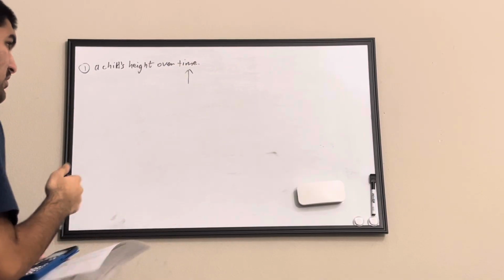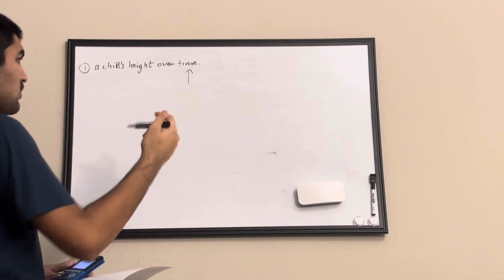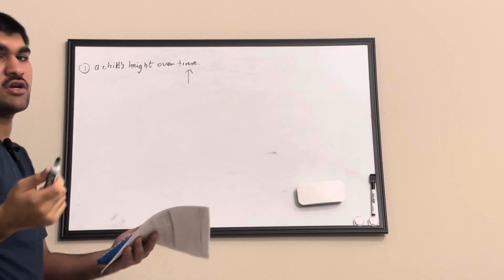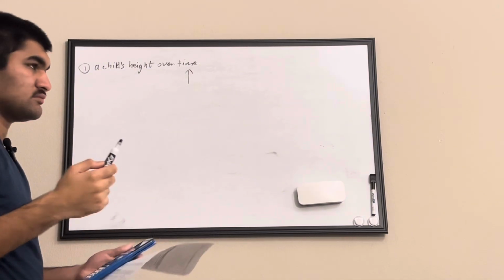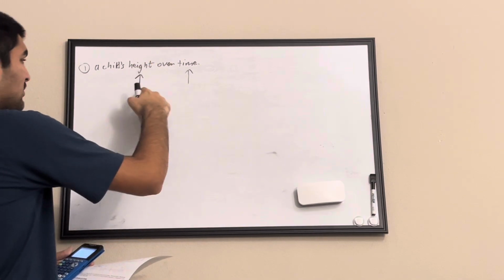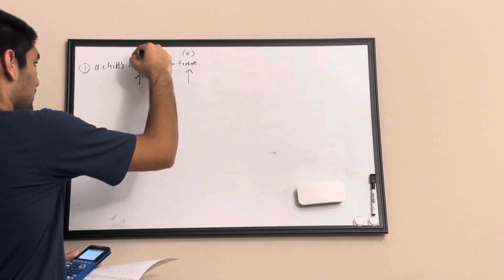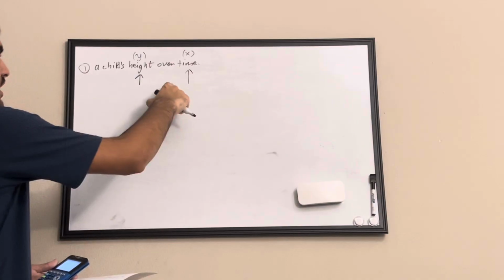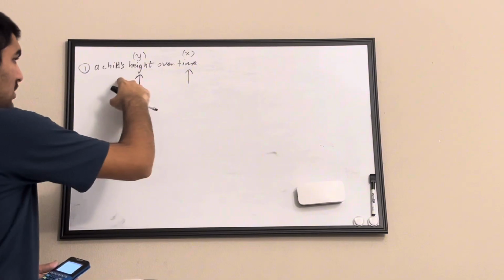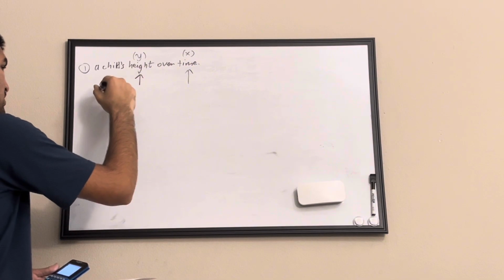Time can never decrease. Now let's see height. Over time, a child's height is going to increase, right? They're only going to get taller, hopefully. So height is also increasing. Time is our independent variable, and height is our dependent variable. As our independent variable increases, our dependent variable also increases, right? They have the same trend. So this is going to be a positive rate of change.